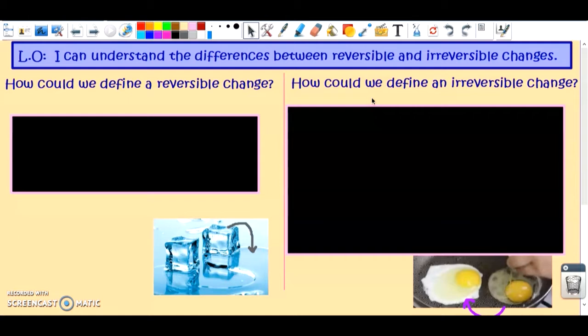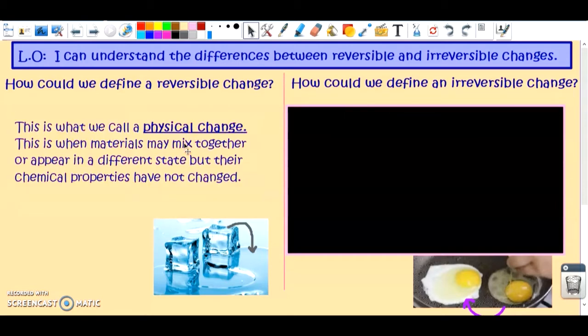Okay, welcome back. I hope you got on well. I'll show you what I have written here. So for my reversible change, I've said this is something which is called a physical change. You probably haven't got those words yet, but you can always add them into your definition now. So it's a physical change. This is when the materials may mix together or appear in a different state, but their chemical properties have not changed.